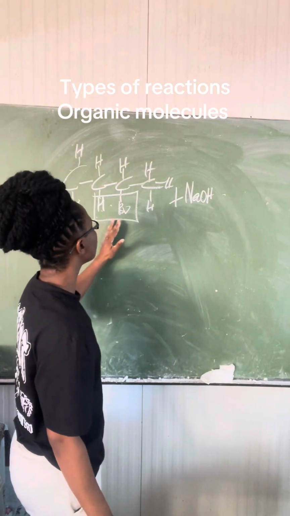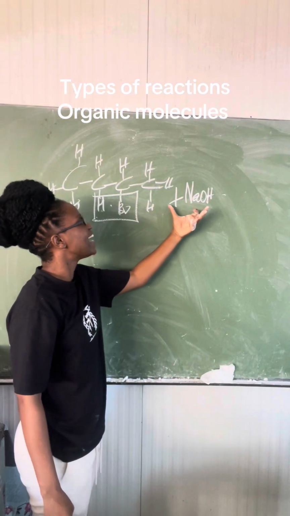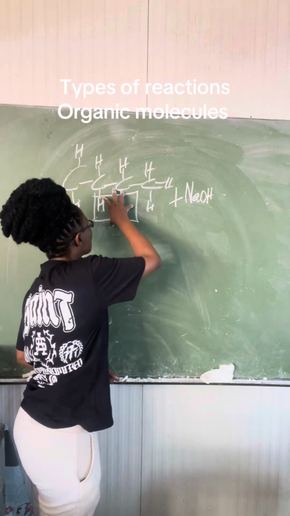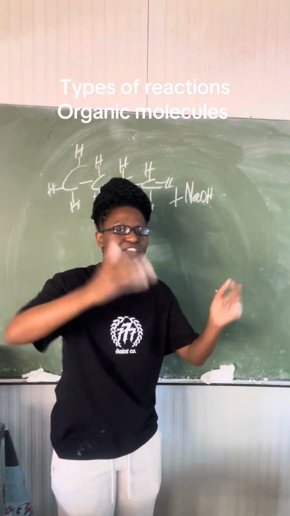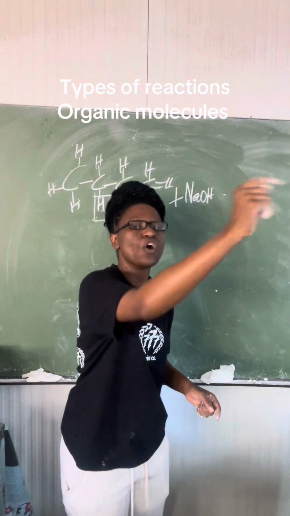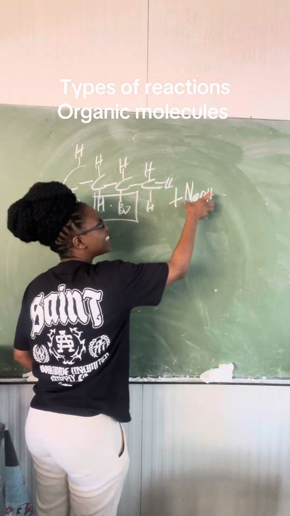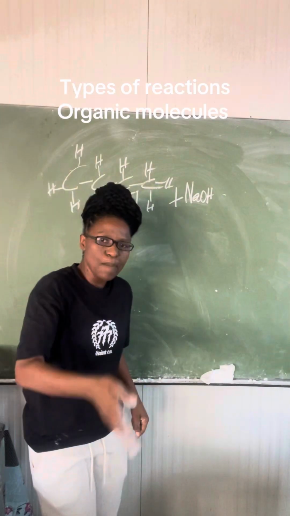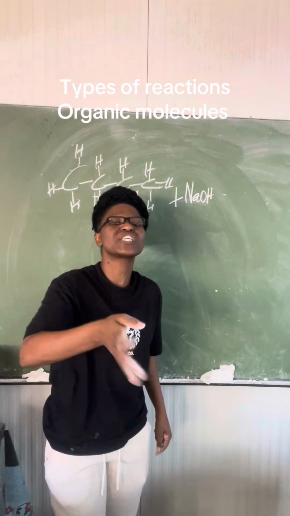Most of our learners make a mistake here. They don't add the concentrated strong base. Instead, they just eliminate the hydrogen halide and form the unsaturated compound with one inorganic compound, which is wrong. From the haloalkane, you need to add the concentrated strong base. So elimination reaction deals with heat and concentrated strong base.